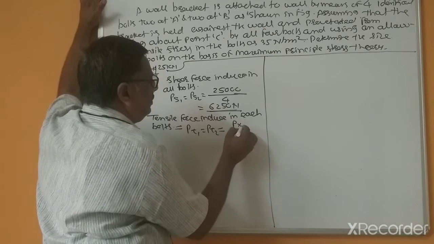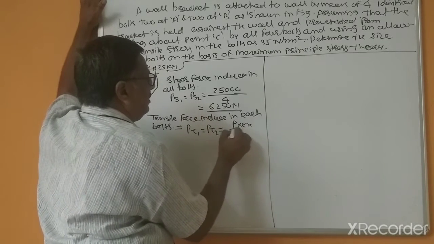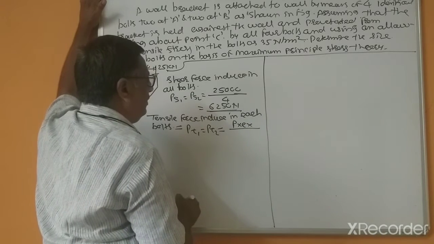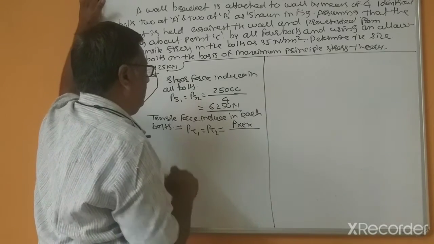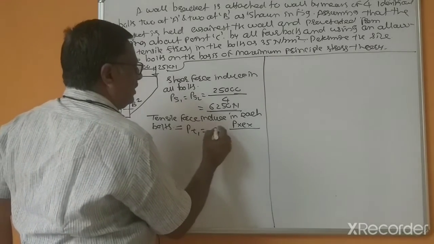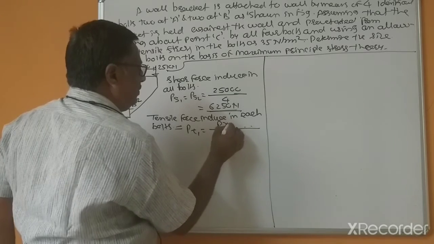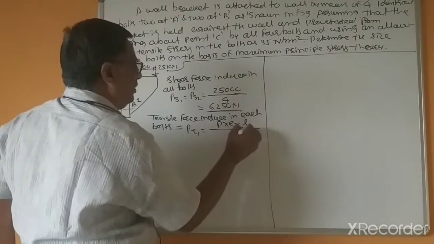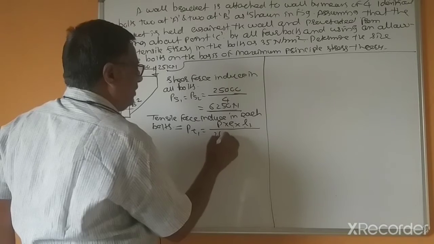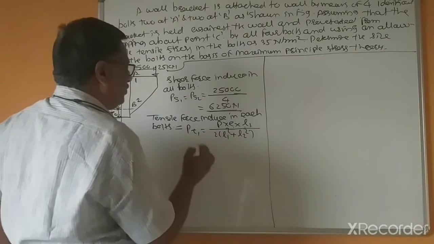P into, and this distance is the E, multiplied by... sorry, because this is not only, we can calculate for PT1: P into E into L1 divided by 2 times L1 square plus L2 square.